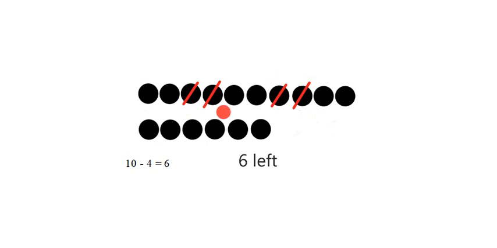So how many are remaining? Count them, 1, 2, 3, 4, 5, 6. 6 circles are remaining, 6 circles have been left. So we say that 10 minus 4 equals 6. 10 circles minus 4 circles equals 6 circles.